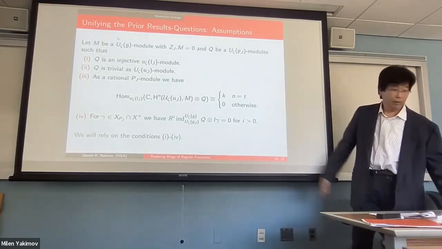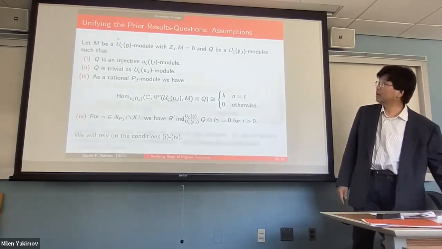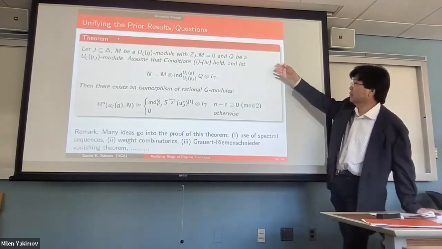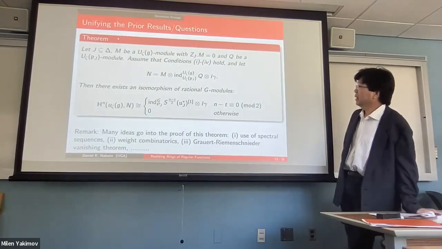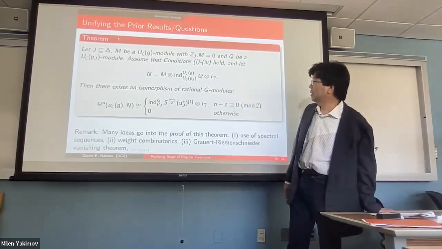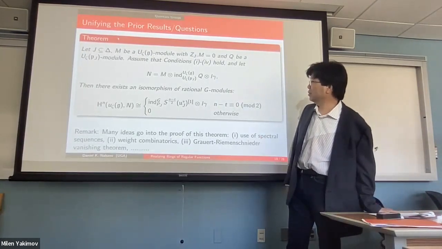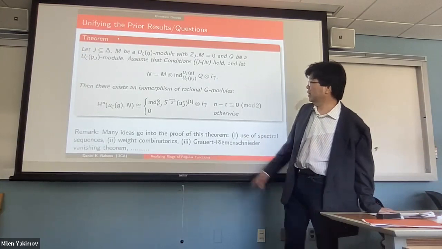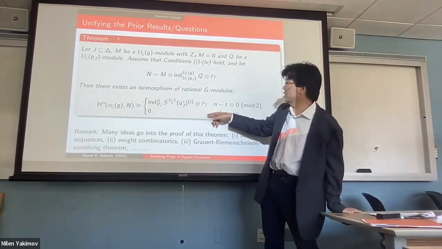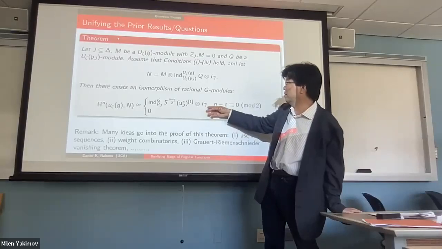Now, once you have all of this, then you can actually prove a theorem. You have all these conditions being true, and then you create this module N over here, and you can actually compute the cohomology for this thing. It looks familiar: it looks like the coordinate algebra of the nilpotent cone, maybe twisted by a weight.